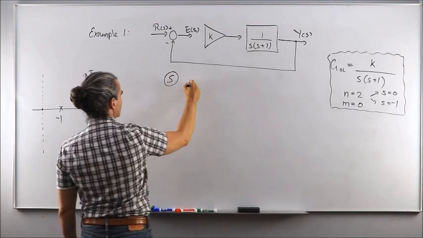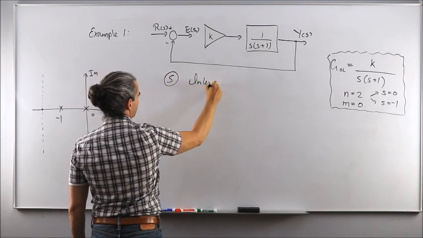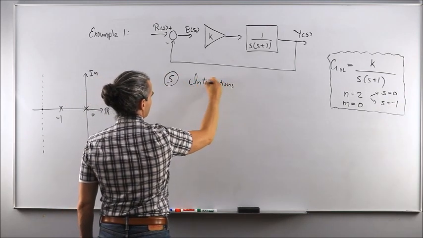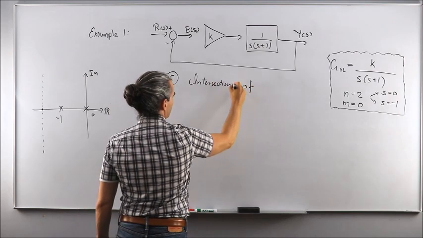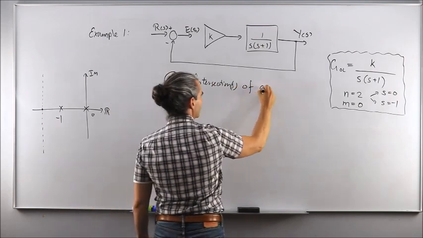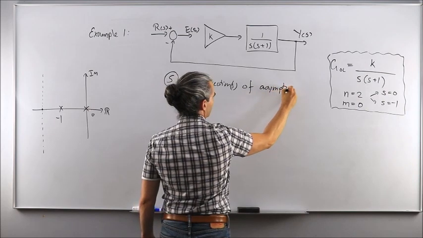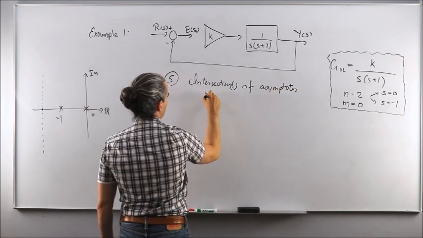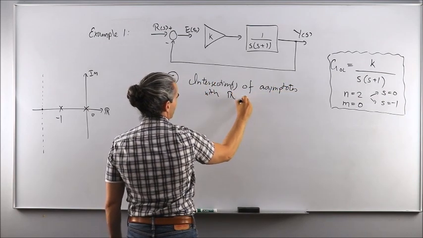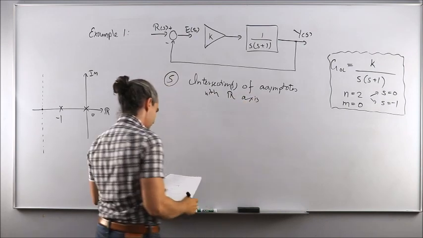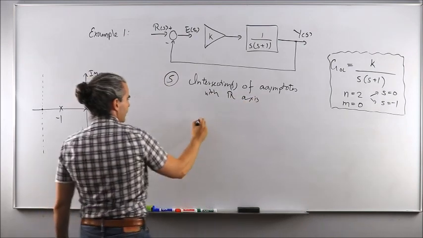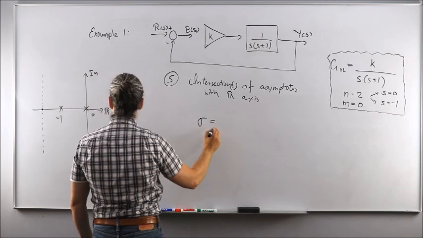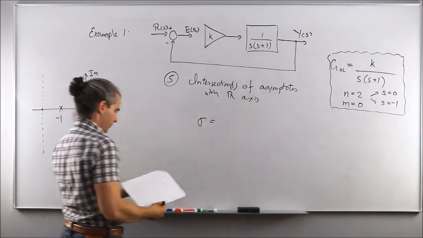Intersection of asymptotes with the real axis. That's your sigma equation.